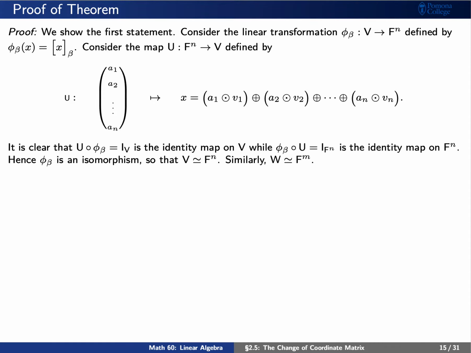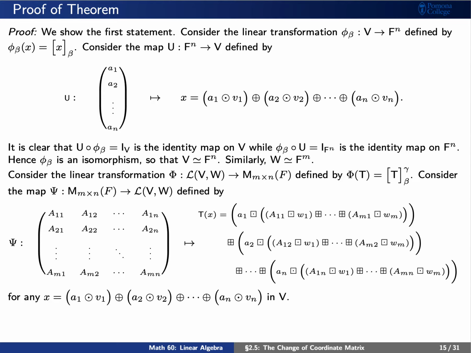Then U is actually the inverse of our map phi_beta, showing that phi_beta is an isomorphism. This means that V and F^n must be isomorphic as vector spaces. A similar argument shows that W is isomorphic to F^m as vector spaces.